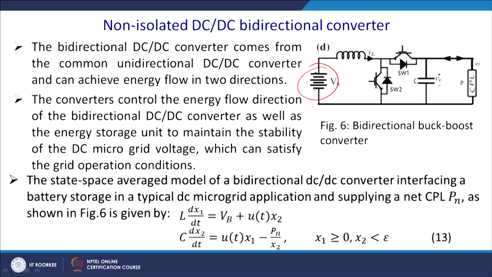The bidirectional DC to DC converter comes from the common unidirectional DC to DC converter and can achieve energy flow in a bidirectional way. These converters control the energy flow direction, as well as the energy storage unit, to maintain the stability of the DC microgrid voltage, which can satisfy the grid operation condition.